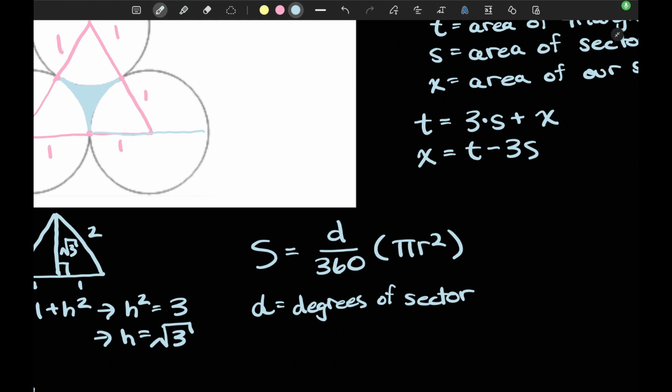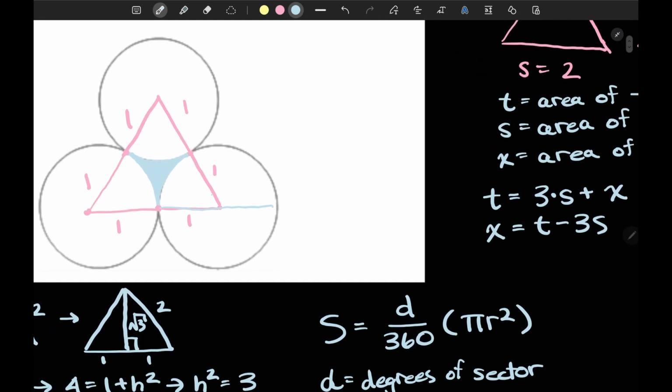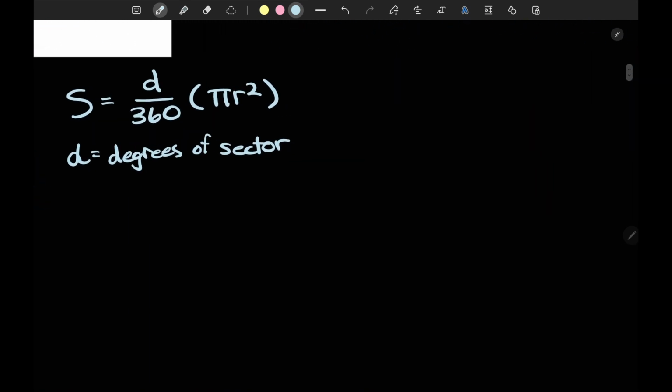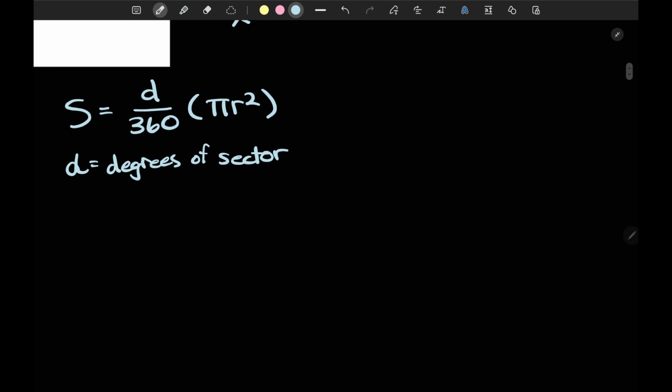So once again, we know that this is an equilateral triangle, and as a result, all of the degrees of the angles of this triangle are 60 degrees. That's always the case for an equilateral triangle. So the area of this sector is going to be equal to 60 over 360 times pi times the radius squared.